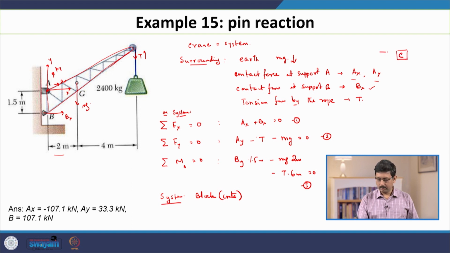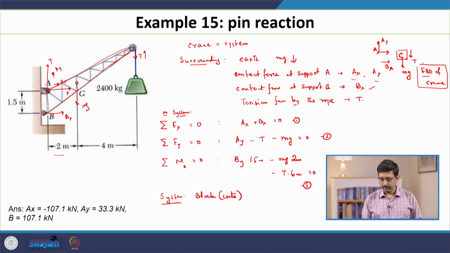It has a force Ax acting in this direction, force Ay acting in this direction, then a force By, which I am assuming acts in this direction, though it could be negative, and then its weight mg acting downwards and a force T acting in the downward direction. So, this is the free body diagram of the crane.